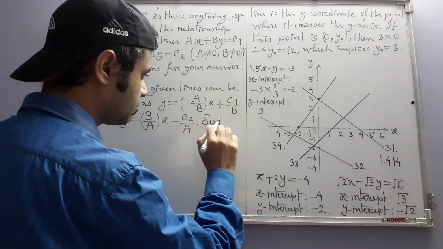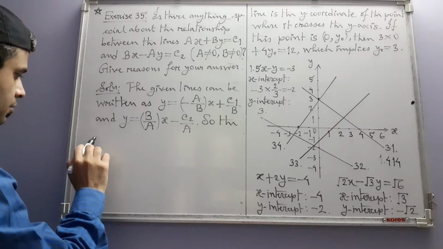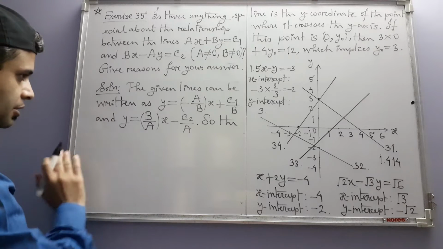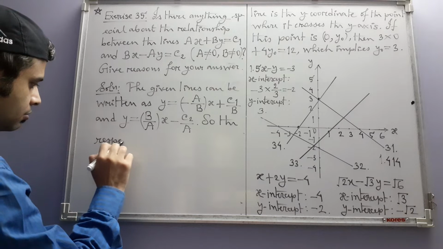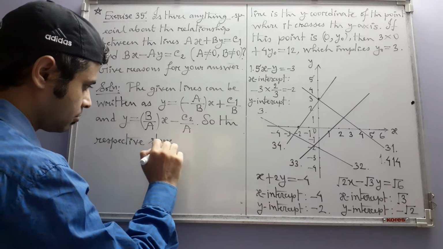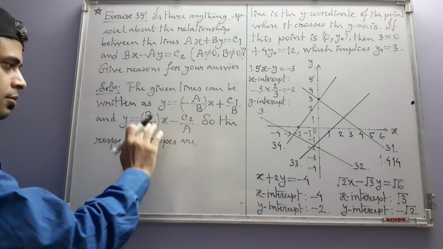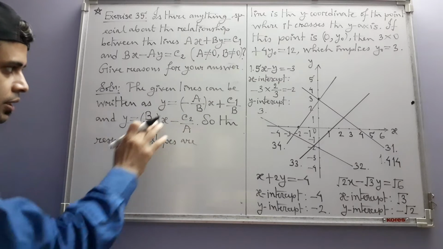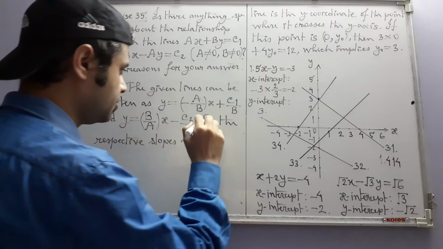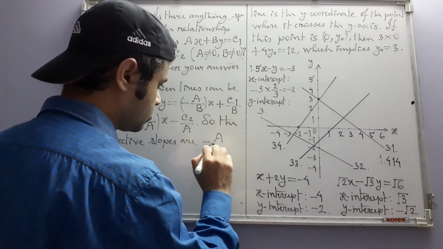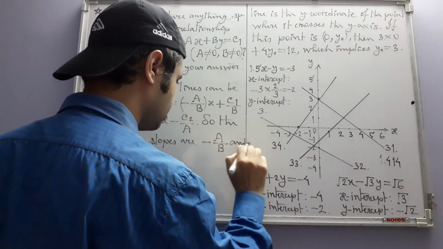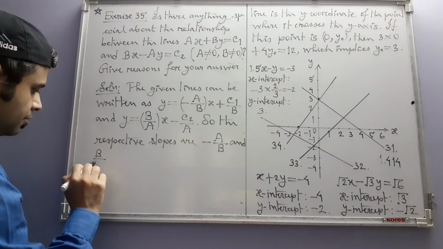So the corresponding slopes, or the respective slopes, we can just read off from these two equations because they are in that form, y equal to mx plus c, where m is the slope. So the first one has slope minus a divided by b, and the second one has slope b divided by a.